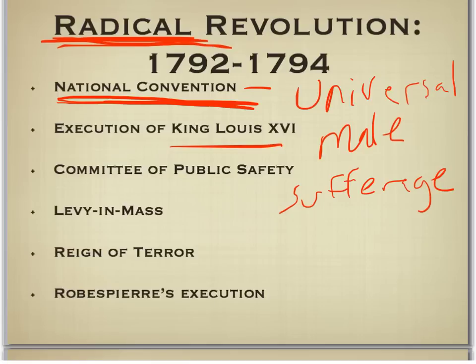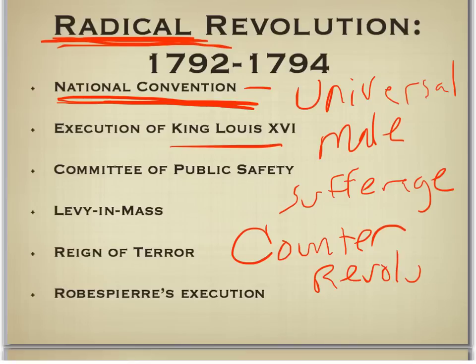They're angry because they're hungry and they think that part of this is the king's fault. But they don't want to kill the father of the country. And so when they kill Louis, this starts the counter-revolution. The third revolution in the French Revolution.